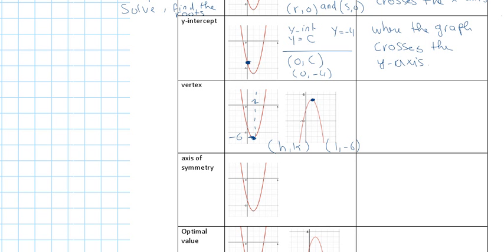Even for this one, I think it's also 1 and -6. Even though it's opening downward, it's still the same vertex. It happened to be. Okay, so the definition of the vertex is the lowest or highest point on the parabola.